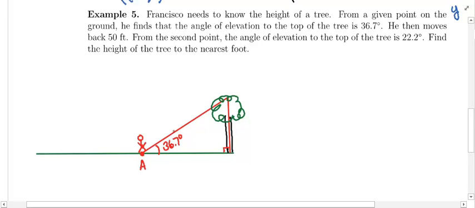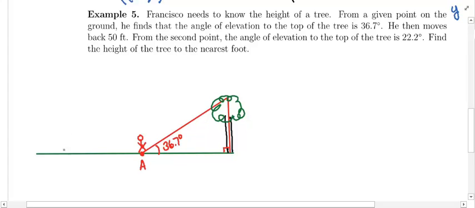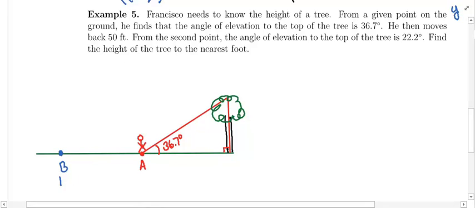Then if you continue reading, you're told that Francisco moves back. So he's going to move to a second point B, and he moves back 50 feet from where he was. Based on that information, we know that the distance from this new point to the original point A has to be 50 feet.